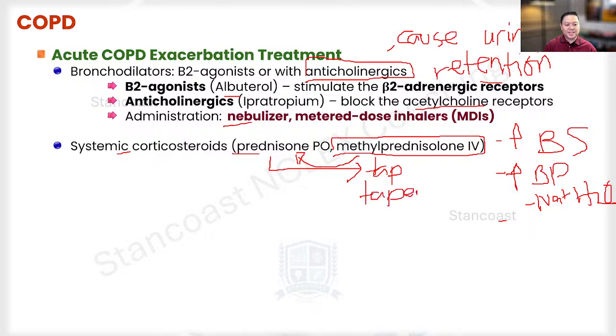It simply means that the medical provider will be ordering varying dosing. Okay? It simply means that the dosing schedule will be decreasing towards the end of the therapy. We don't want to discontinue the medication so abruptly, because when this happens, this can lead to what?